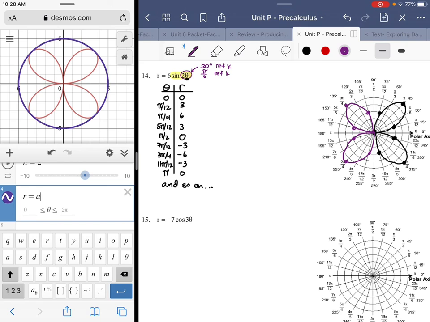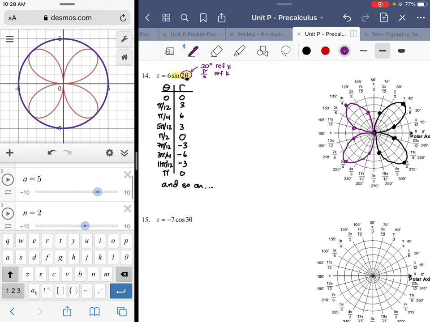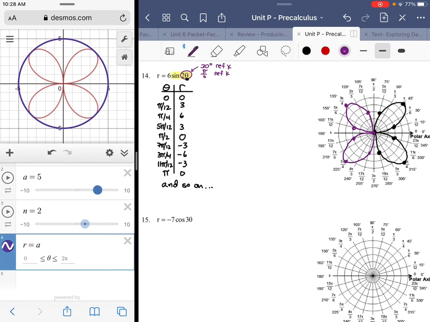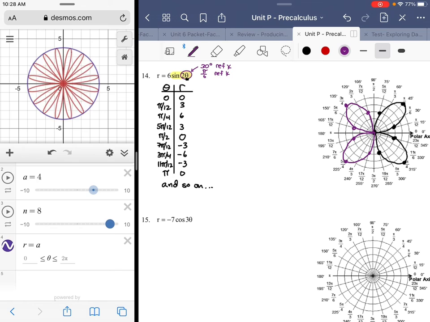So it's a question of, I wonder what that circle would look like. So let's make the circle, and we'll call it r equals a. Aha! Interesting. So it appears as though the a value controls the radius of the rose.